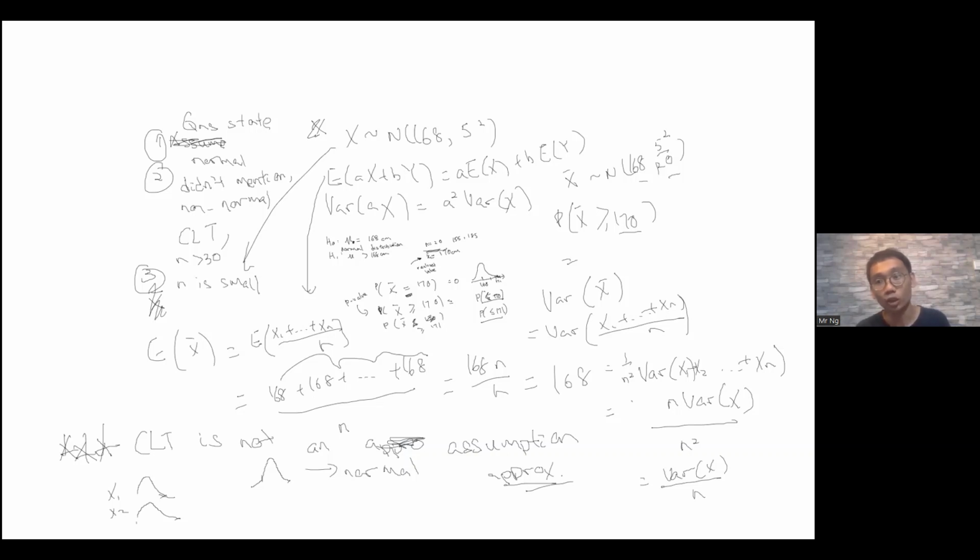To find the probability you need a distribution. So how do you form that distribution? If n is small and they never say the distribution is normal, then you need to assume x is normal. Then you can find the p-value.